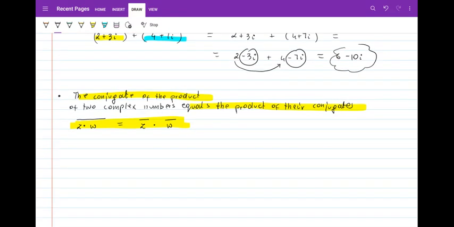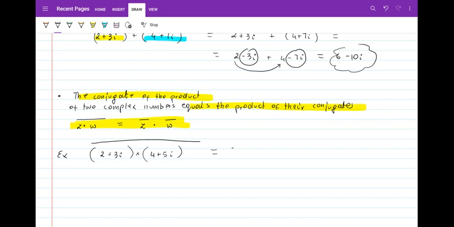So I want to show you an example of this theorem. I have two complex numbers, 2 plus 3i times 4 plus 5i. So z is 2 plus 3i, 4 plus 5i is w, and then I have to find the conjugate of the product. So I'm going to use the formula.